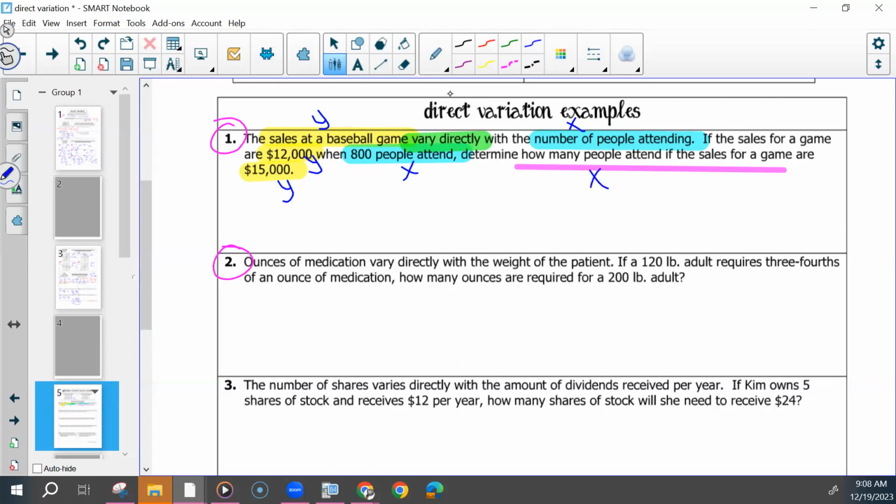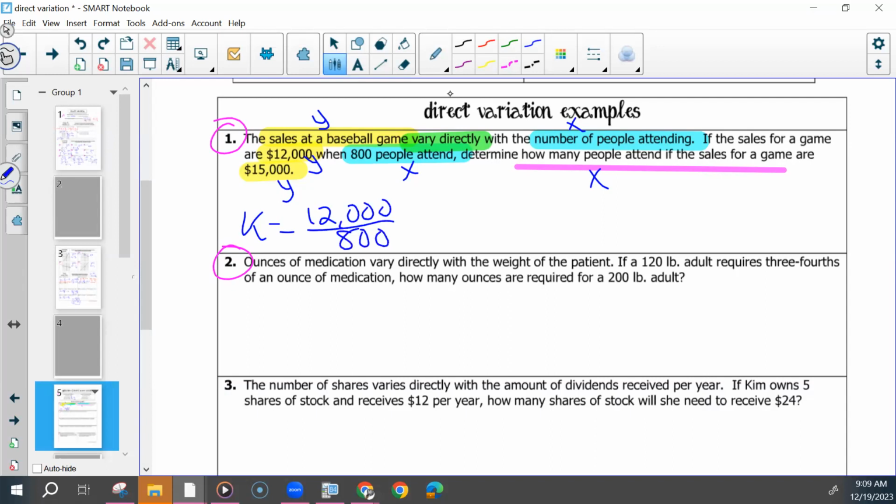So the hardest part about this is knowing what you're solving for. After you get that straight, then you're just setting up your equation and solving. So just like what we did before, find k. Take the first two numbers that you have an x and a y for, and use that. 12,000 over 800.